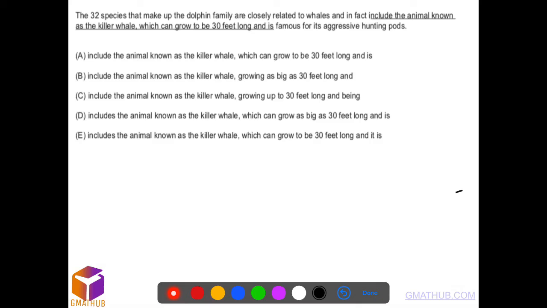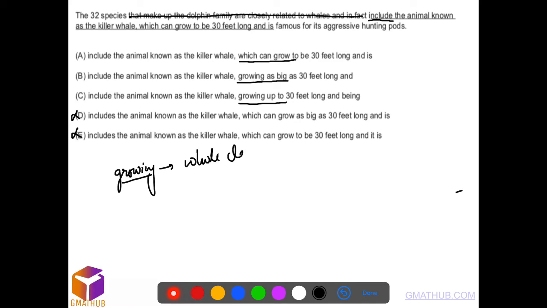Now if you read the sentence, the 32 species that make up the dolphin family are closely related to whales, and in fact include. Now this include is for which noun? The 32 species include. Now includes is out. After that, which can grow? Growing as big. Now growing refers to the whole clause before the comma.